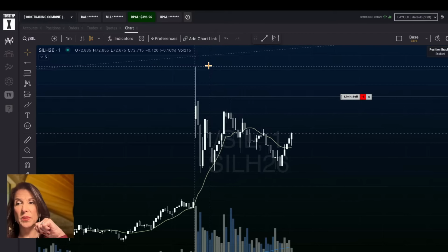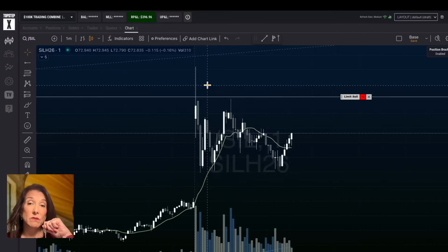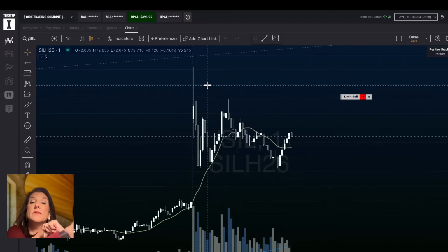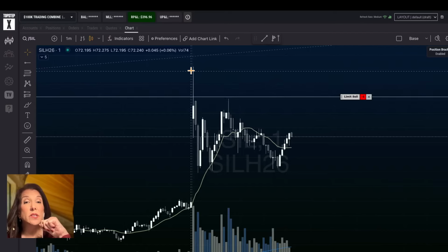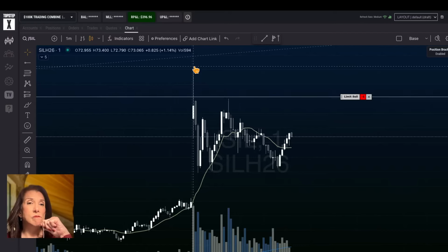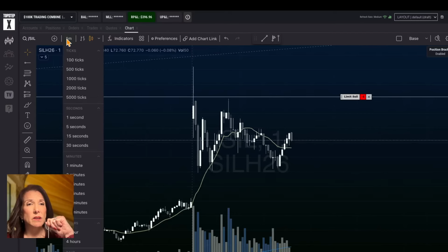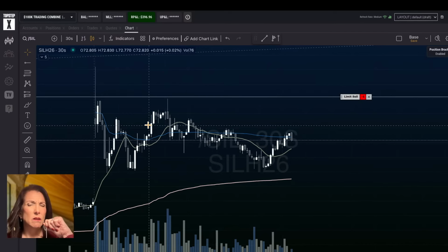My stop, which would be a little bit wide, would be the top of this wick. From a 1 minute perspective, let me look at a 30-second. I don't even think that's really smart for me to do, but let's see.